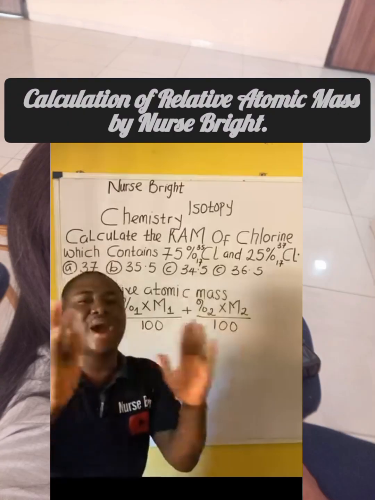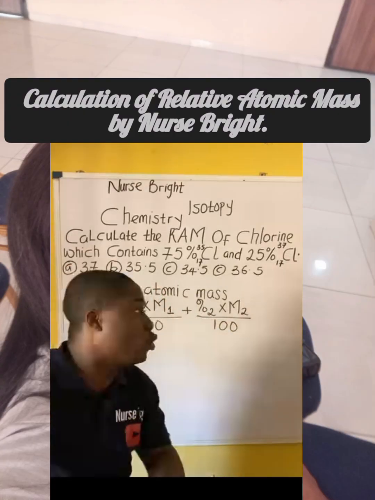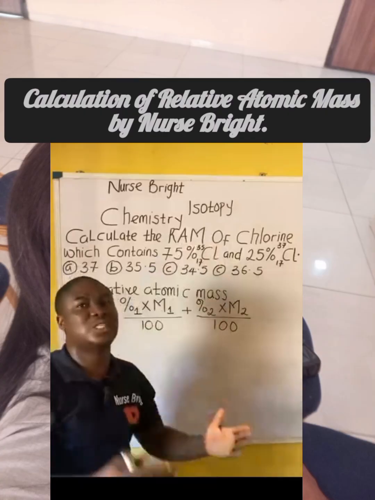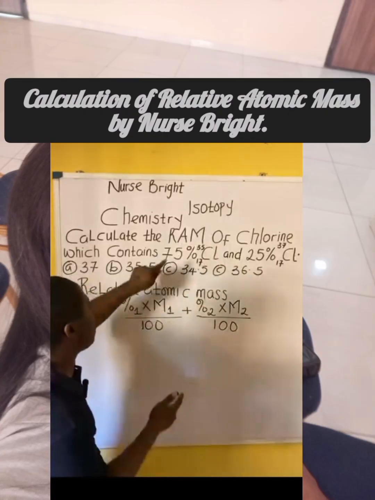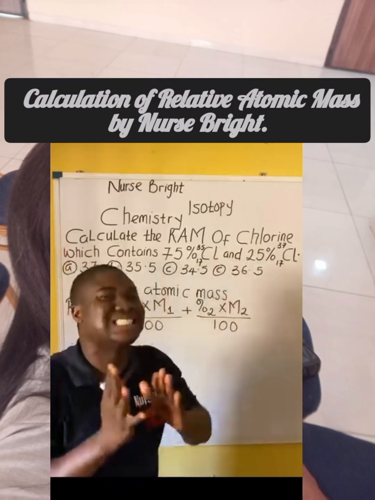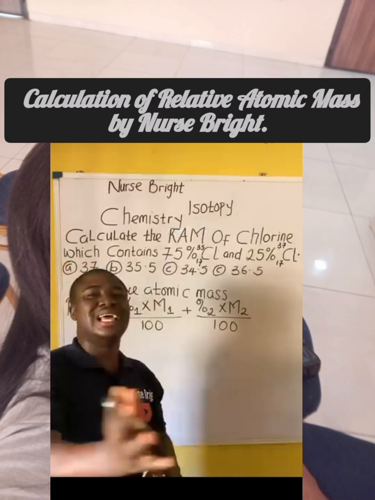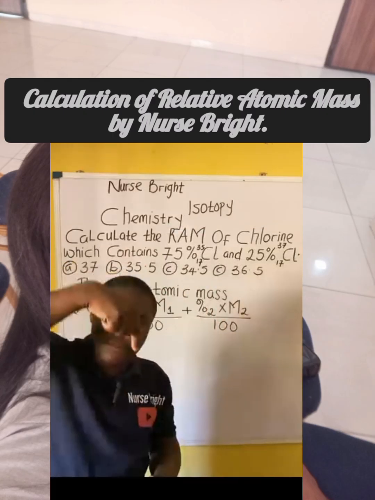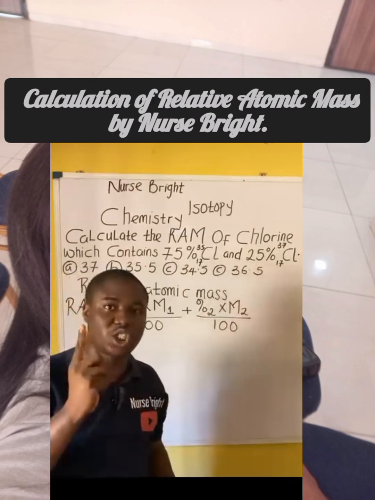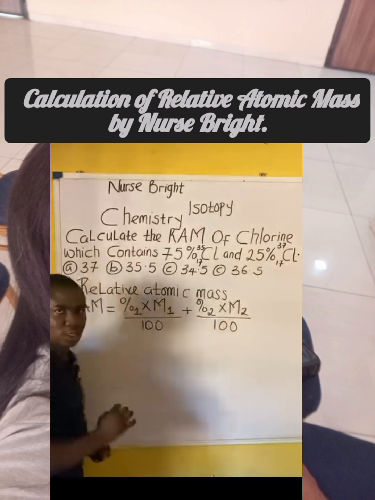In some cases they will give you ratios instead of percentages, and that has its own formula. I already have a full video lesson on my channel that explains all of this. The link will be in the comment section, so ensure you watch that lesson.